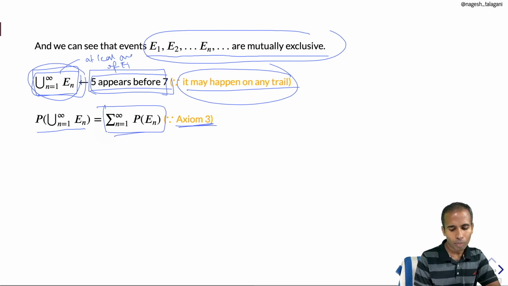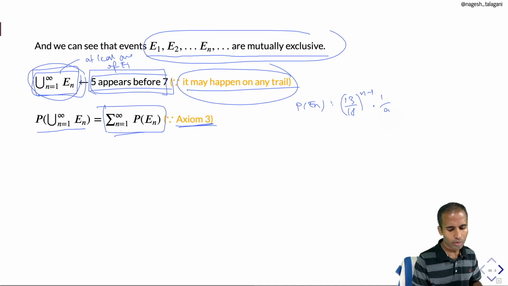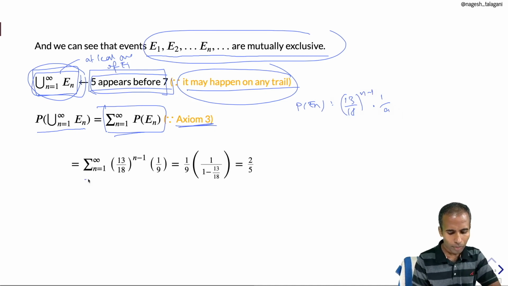We already know the probability of En is 13 by 18 to the power n minus 1 times 1 by 9. So let's plug it in: the summation for n equal to 1 to infinity of 13 by 18 to the power n minus 1, times 1 by 9.